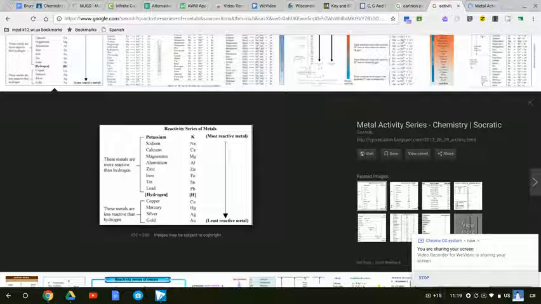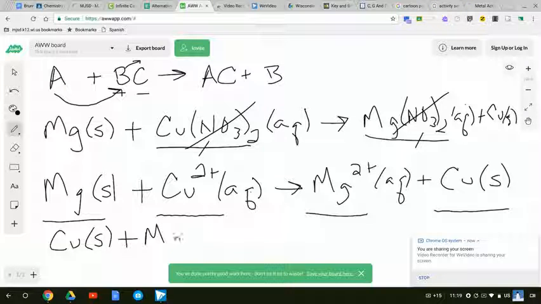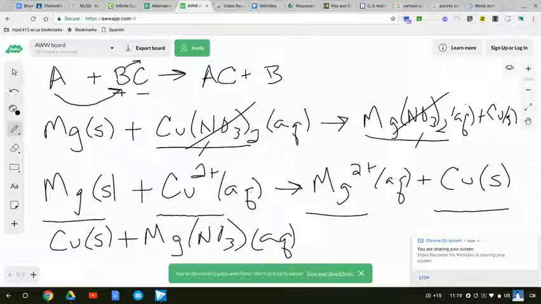Where this comes back to, if I hop back here, we may run into a situation where we have a similar looking reaction, where it would be solid copper reacting with magnesium nitrate in solution. In this case, in order to predict the products, we need to look at what is more reactive.